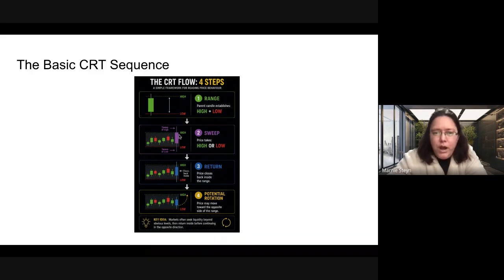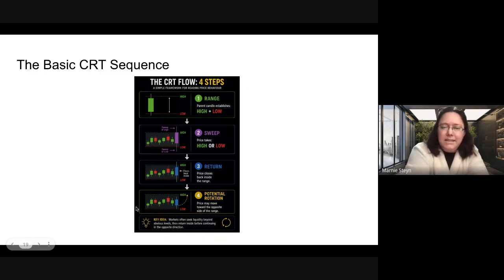Then you look for a sweep of either the high or the low. Then you look for a return back into that range. And then you look at which way price is potentially going to move. Are you going to trade it back to the high or to the low? Sounds very complicated now, but we're going to have a look at it and break it down easy for you. The key idea is that the market often seeks liquidity beyond obvious levels, then returns inside before continuing in the opposite direction.